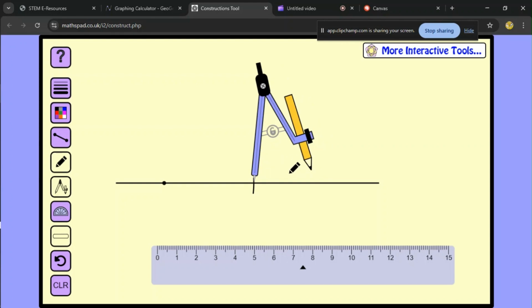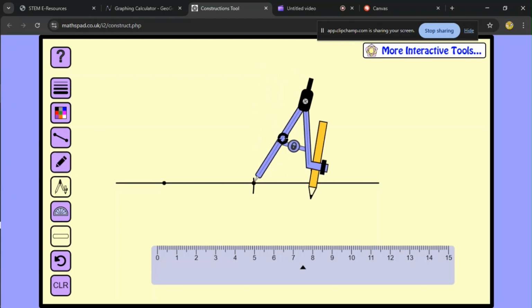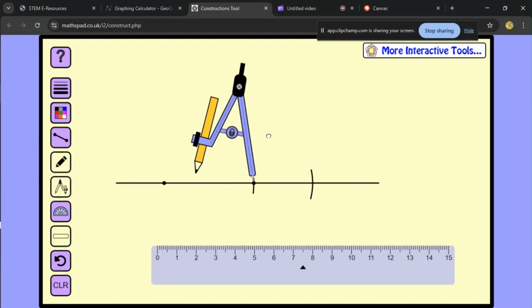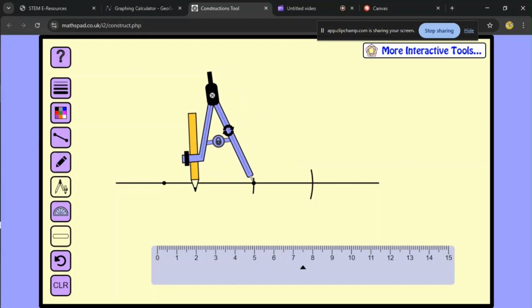You increase this size to be of medium size, not too big, not too small. Then I put a mark on this side, and also on the other side, without changing the size of the divider. So I put a mark also on this side.